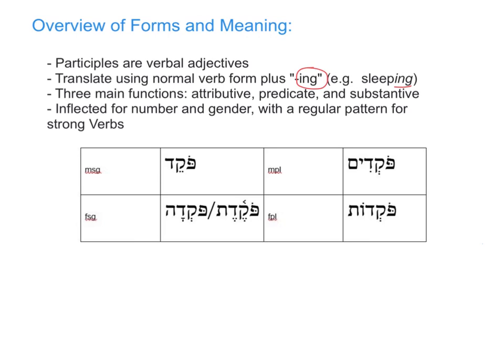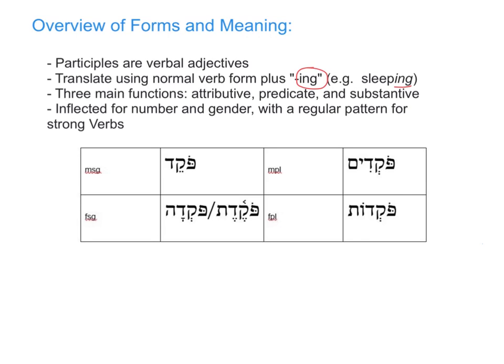We've had helping words. This will be a helping morpheme that we'll put on the end of a verb to make it a participle in translation. If we wanted to think of an example in English, we could have the verb to sleep. The participle would be sleeping.